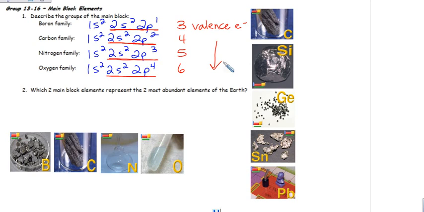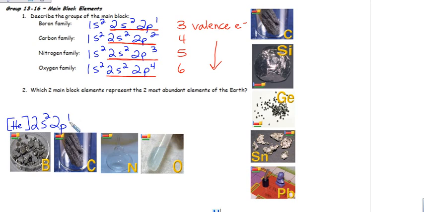Now again, you could write these as the noble gas shortcuts. The noble gas shortcut, let's say I do my friend boron. Boron, I would shorten this up: helium, and then I say 2s2, 2p1. Now sometimes the biggest problem that I'll see with these electron configurations, and the question says, how many valence electrons?